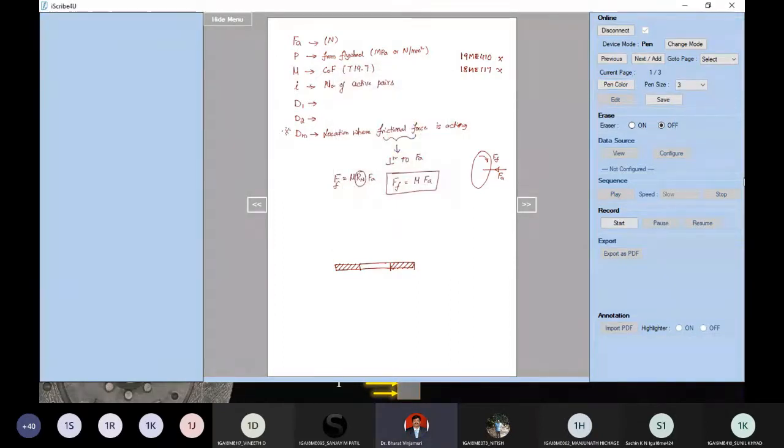If I am applying the force FA here, from the other end there is a pressure. The pressure can be applied uniformly here. This is what exactly happens in this case. So you are applying FA, so pressure is applied.